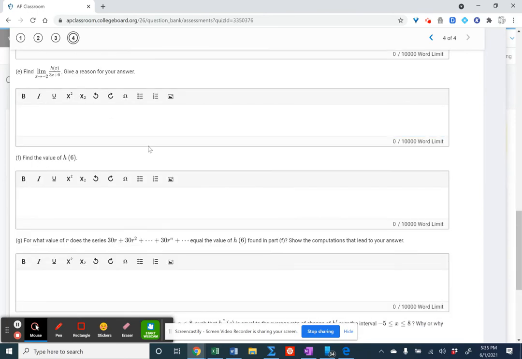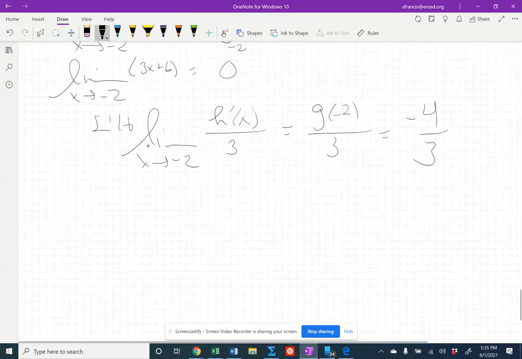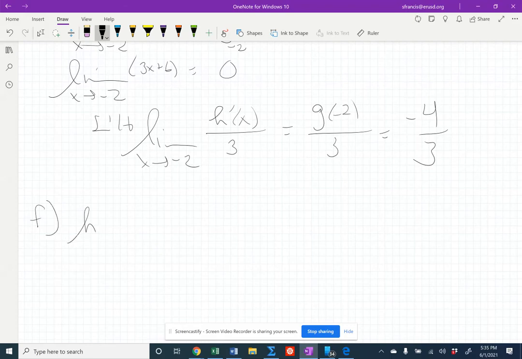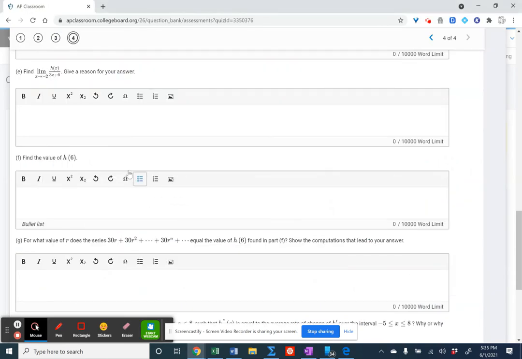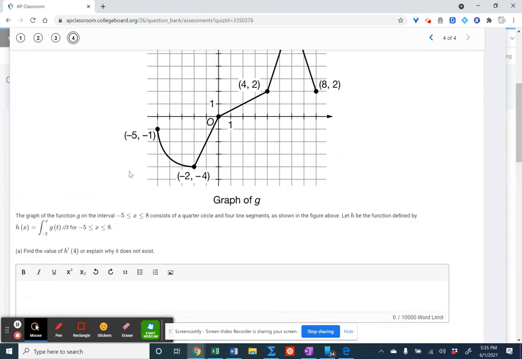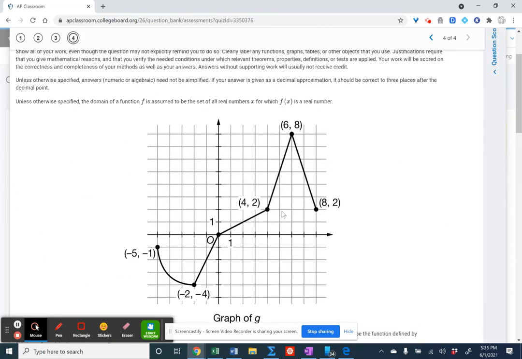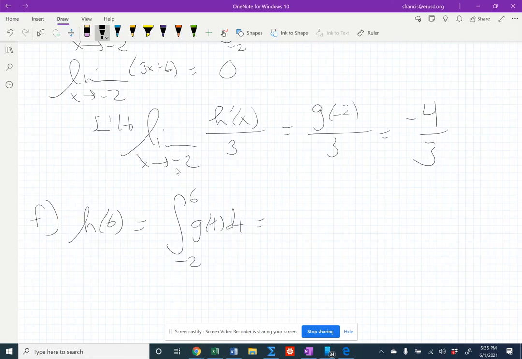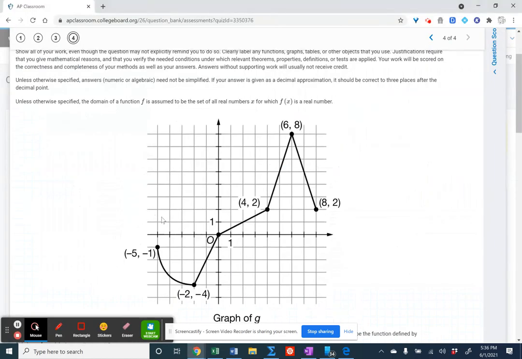F, find the value of H of 6. That's the integral from negative 2 to 6 of G of t dt. Redundant perhaps, but I wrote this question. We did most of this already. We saw that we had negative 4 from negative 2 to 0, positive 4 from 0 to 4.